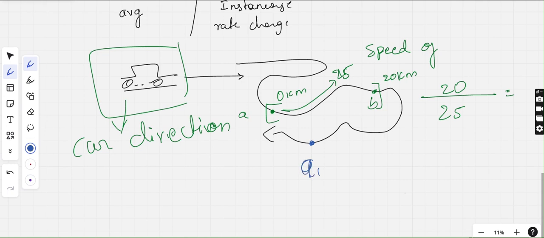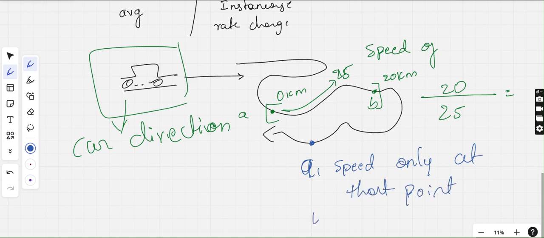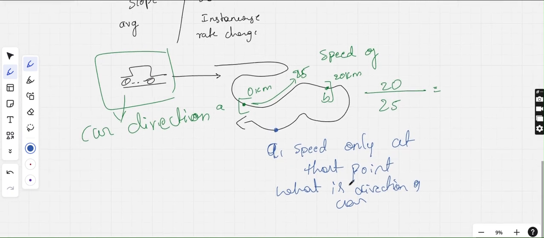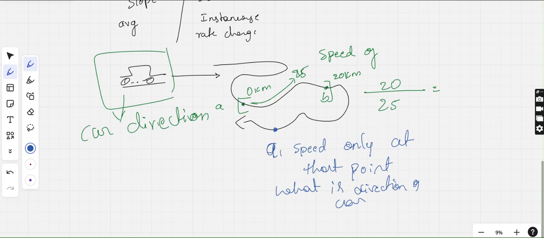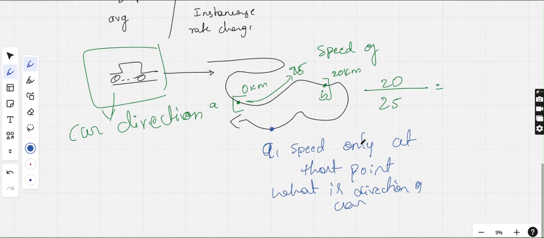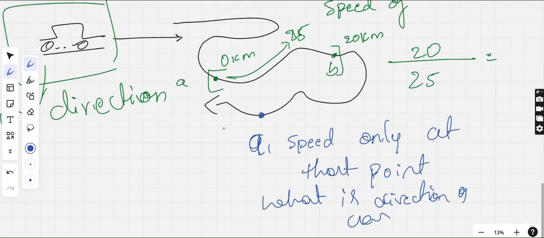For example, if you take any point on this curve, let's say randomly point A1, at this point, what you need to know about the car is the speed of the car only at that given point, and the direction of the car. So everything is instantaneous and everything is accurate.